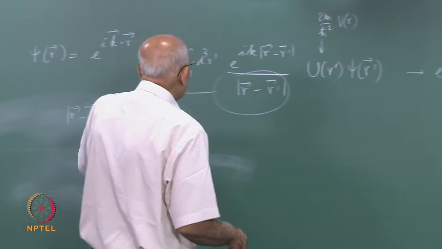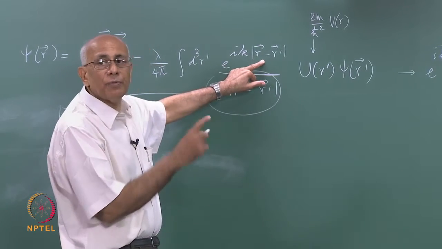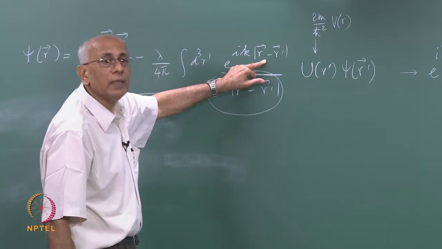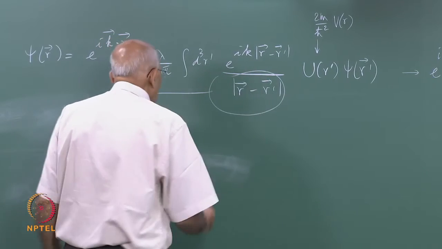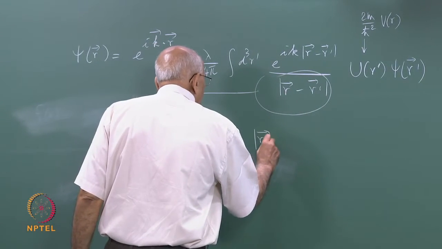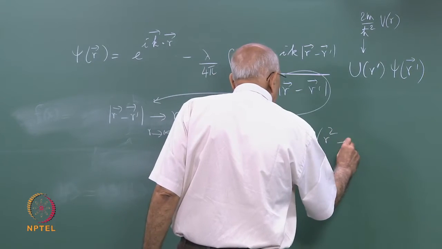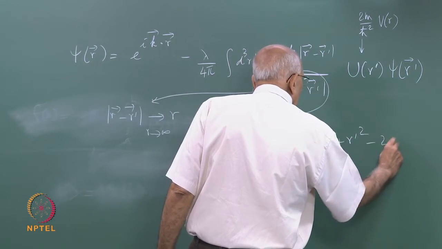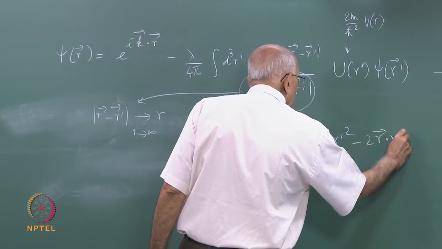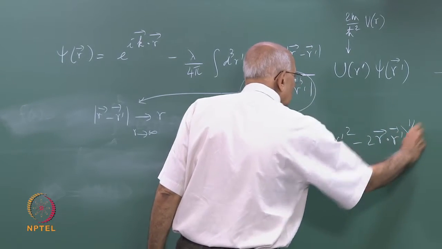You can't do the same thing in the phase factor, so you have to retain a little more than this. Notice that mod r minus r prime is equal to r squared plus r prime squared minus 2 r dot r prime, to the power of half.